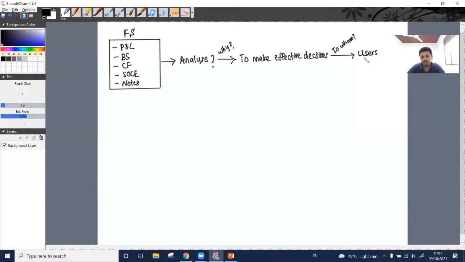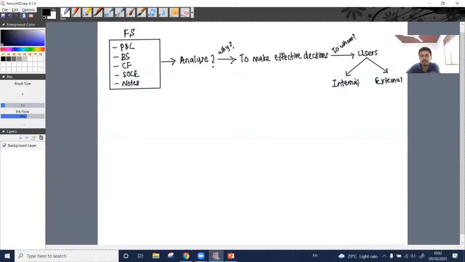These users, in a broad sense, we can classify into 2 groups: internal users as well as external users. Who are internal users?